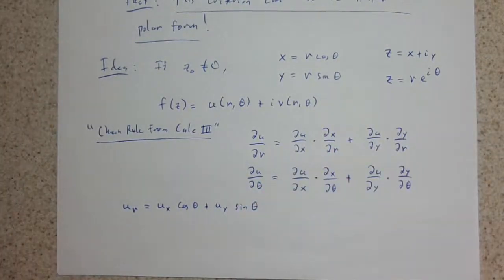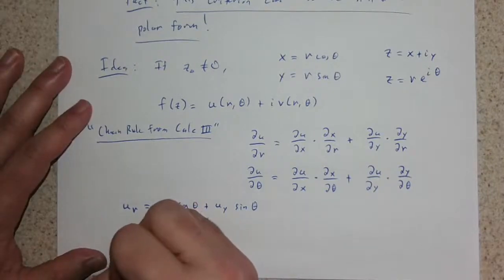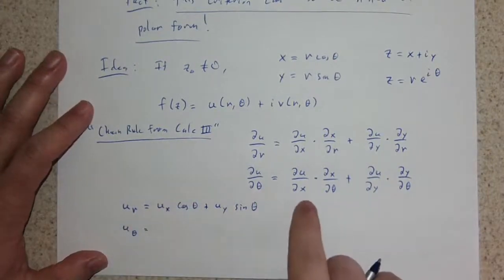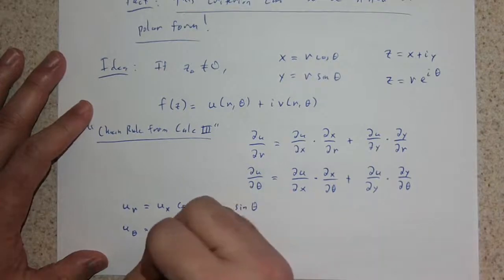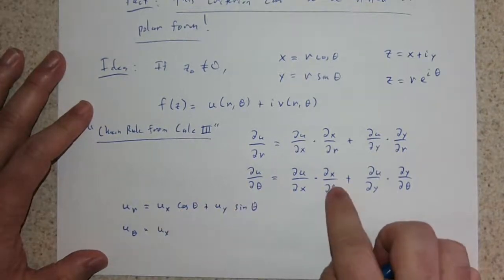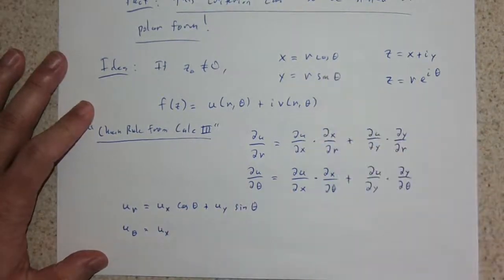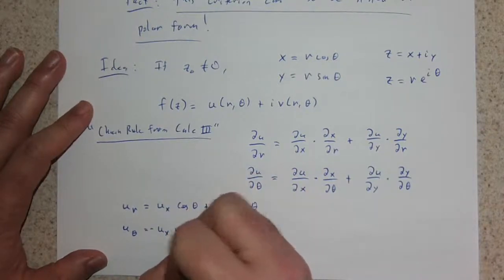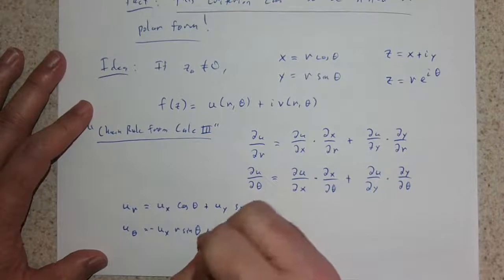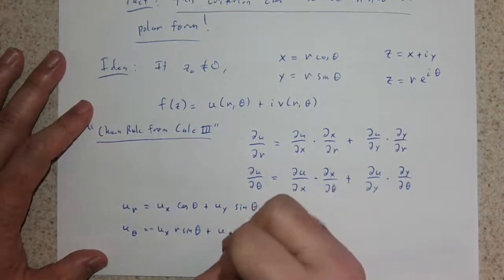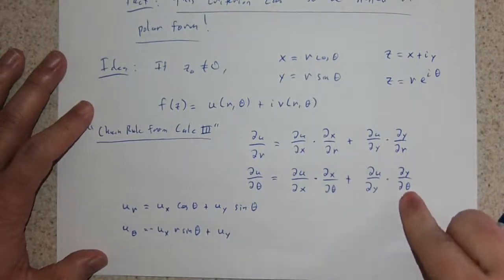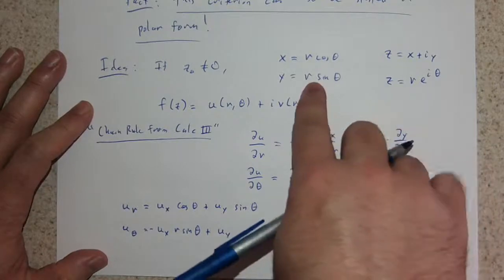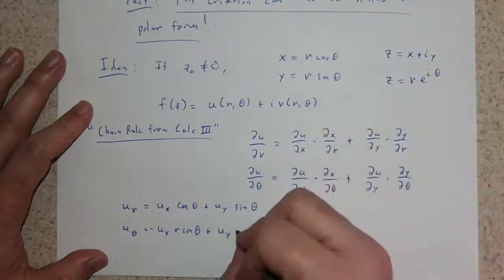And u sub theta is the x partial of u, so that's just u sub x, times the theta partial of x. That is minus r sine theta. So this is minus u sub x r sine theta plus the y partial of u times the theta partial of y, which is r cosine theta.